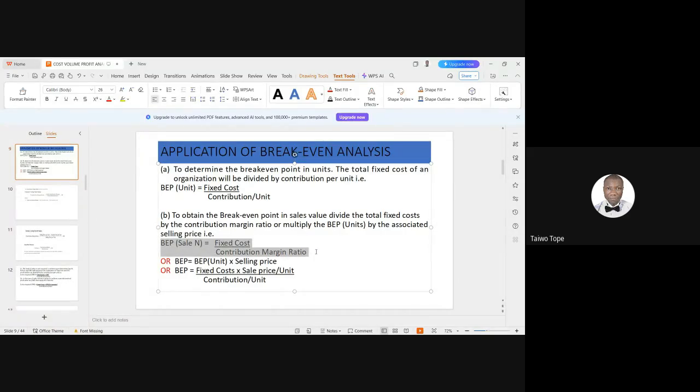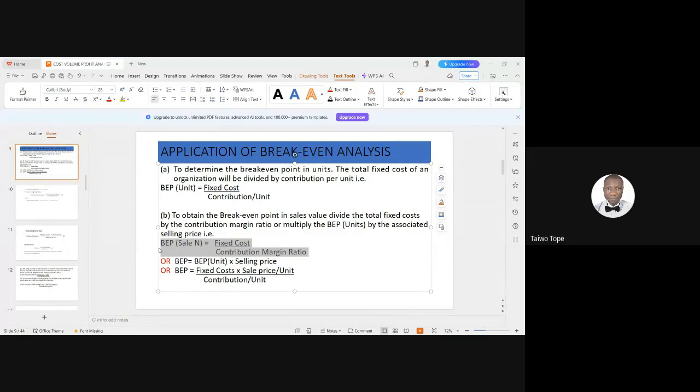Fixed cost divided by contribution margin ratio. Now, based on this question, sales means total, overall.